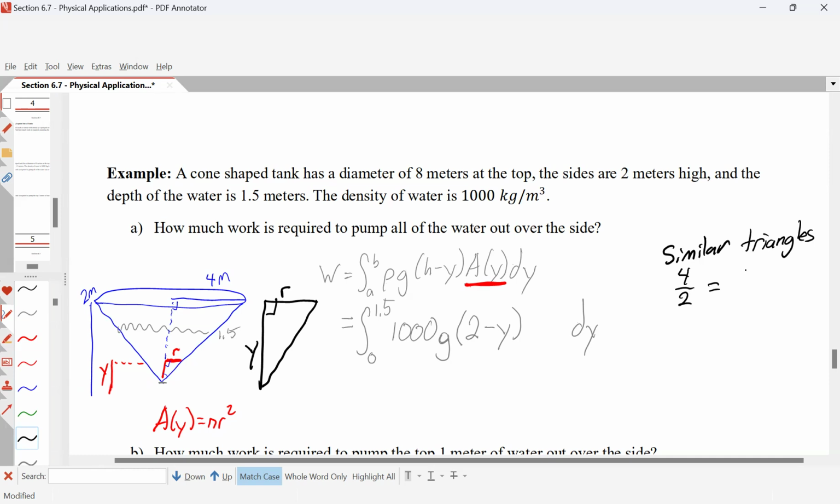So putting those in the same spots, we have r over y. So 4/2 is equal to r over y. 2 equals r over y, or 2y equals our radius. So our area function is pi (2y) squared.